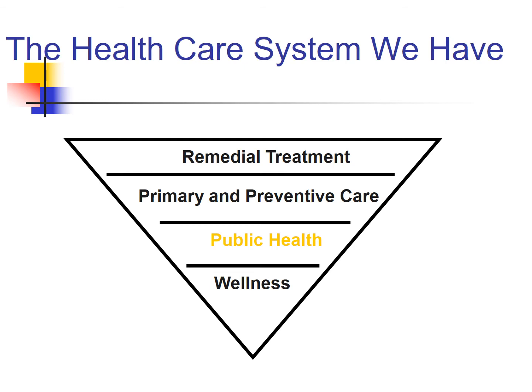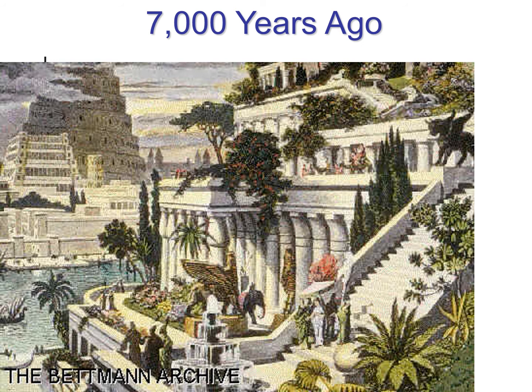Next slide. It might be a bit of a stretch to go back 7,000 years, but I'd like to use this slide to illustrate that humans have known or suspected for a long time that contaminated water can cause disease. This is a picture from the Bettman Archive of Ancient Babylon. The Babylonians had an elaborate system of aqueducts, clay sewage pipes, and a sophisticated pumping system to bring in fresh water every day.